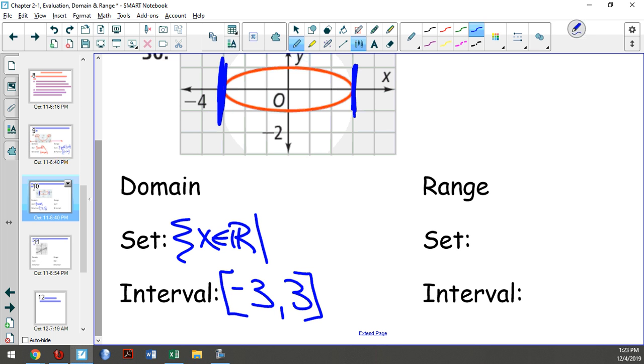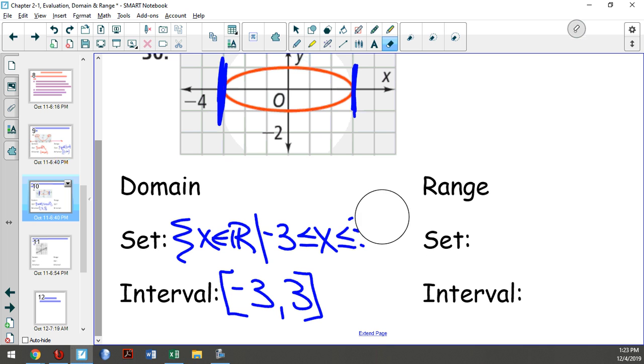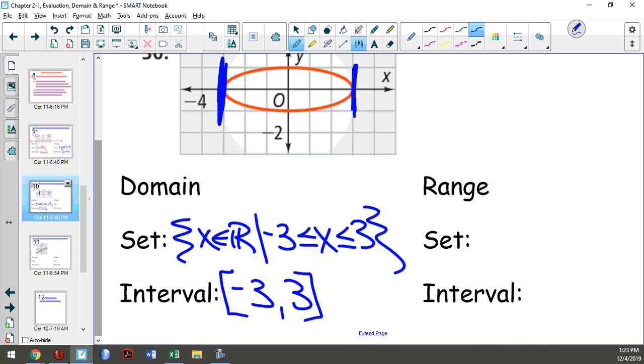Now, how do I describe -3 to 3? This is your compound inequality. That's an and, and remember, an and is trapped. So how do I write that? -3. What is -3 compared to 3? Less than or equal to, because it's a bracket, X less than or equal to +3, and then close the brace. Got to remember the one section we did in class together a long time ago, right?